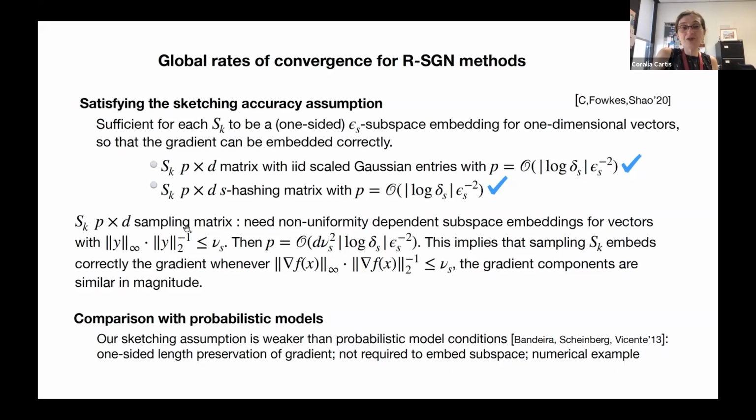How about if I want to choose sampling? So S_k being a sampling matrix, because I'm sketching from the right-hand side here, just means a coordinate method, a block coordinate method.